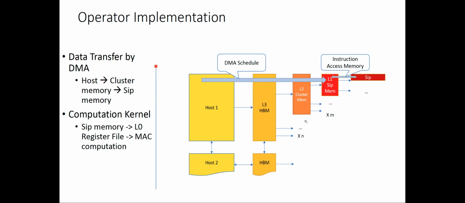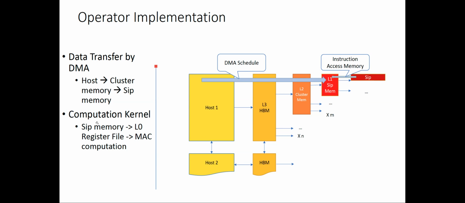Okay, so this is the operator implementation flow of how we bring the data from the host memory to the L3 off-chip memory, then to the L2 shared cluster memory, and to the L1 local memory. These data transfers are completed by the DMA, or what we call the programmable DMA.